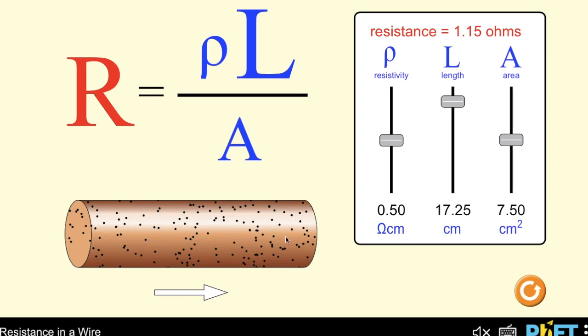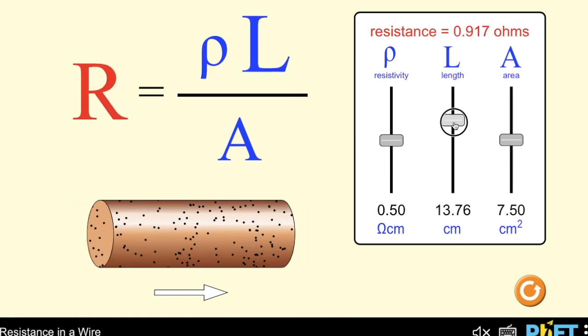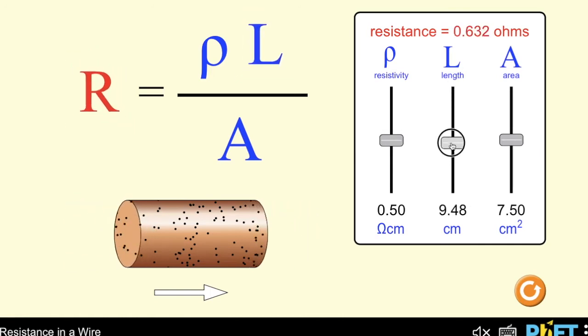On each side now we have many more atoms, or a much larger random distribution of atoms, that the electrons have to overcome in order to go from one end to another, and therefore R is directly proportional to the length. Whenever you increment the length, you are incrementing the resistance.